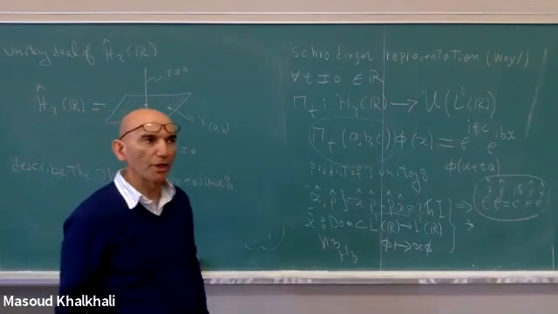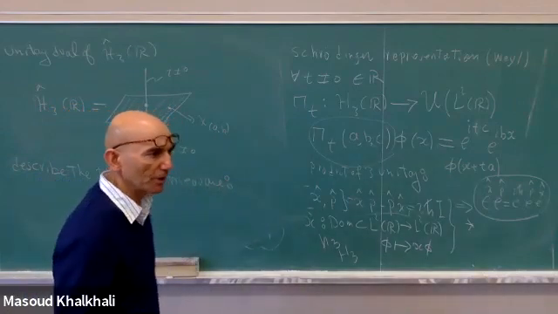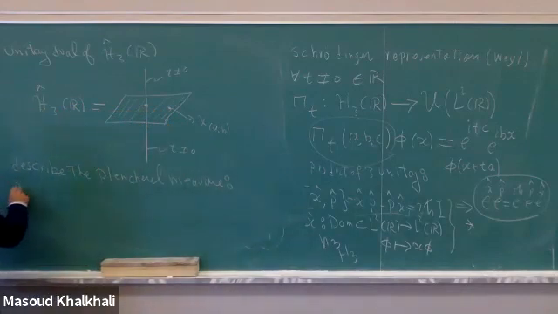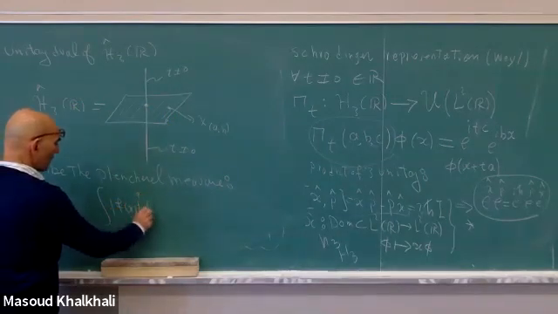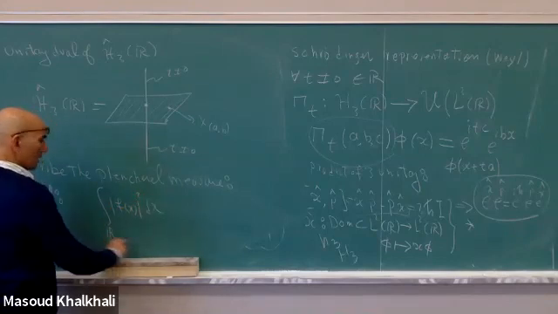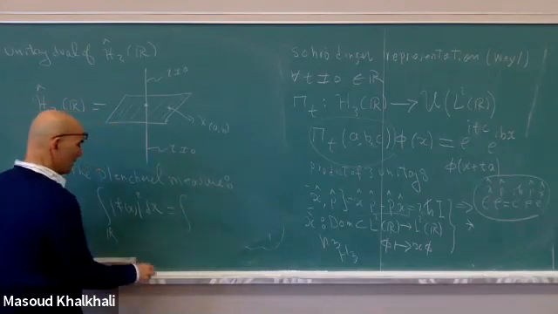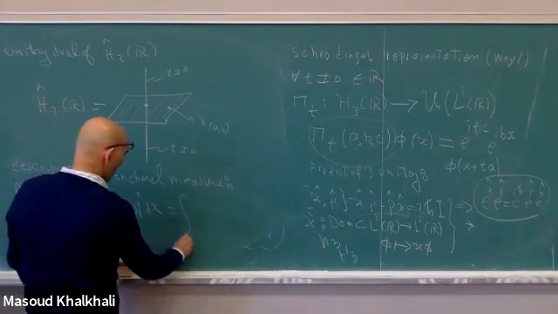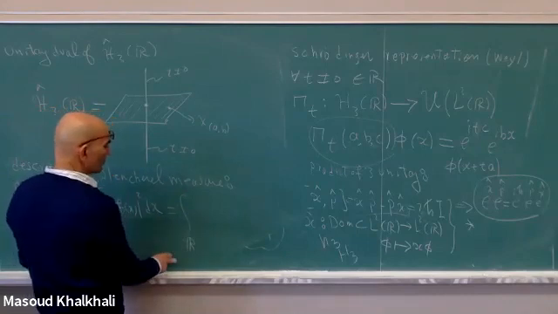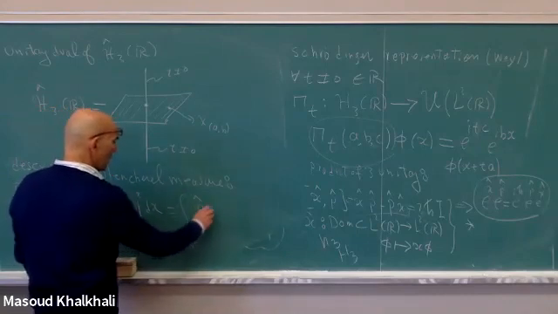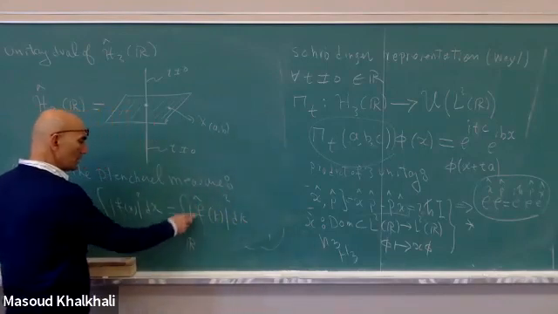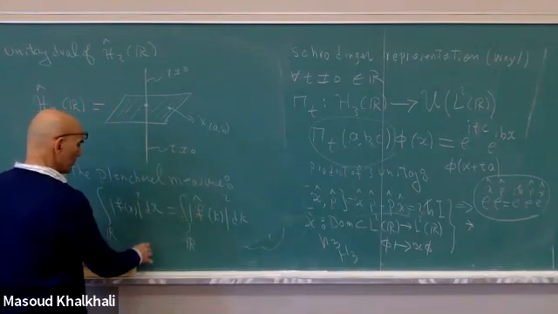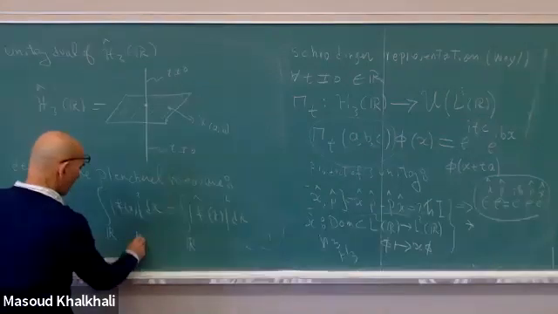Remember, what was Plancherel's formula from Fourier series and Fourier integrals? I recall that the Plancherel formula told you that the integral of f of x squared dx over R is equal to the integral over R hat of f hat of k squared dk. I mean, this is a really amazing result. So the L2 norm of f hat is the L2 norm of f, right?